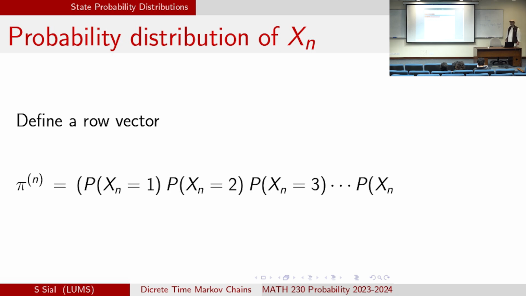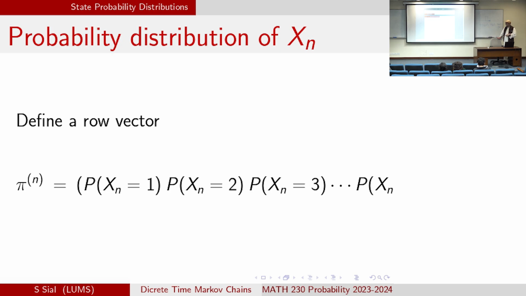Now, that will depend upon the probability that xn has some value, and there's a dependence upon the value of x at time n minus 1.